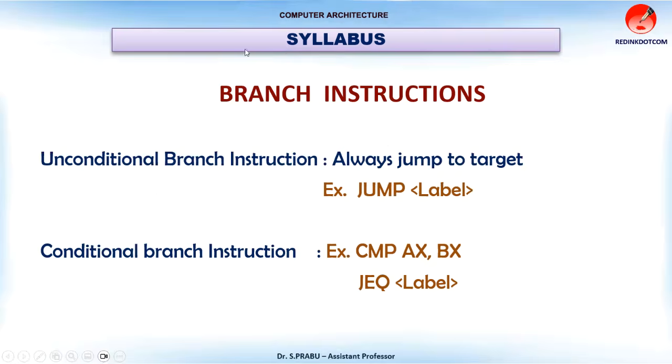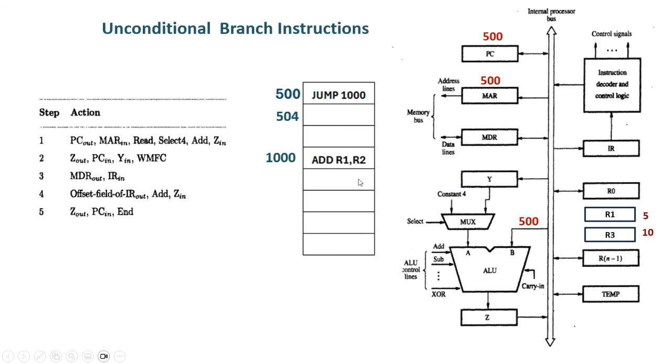And one more thing, branching instructions can be categorized into two: one is unconditional branch, another one is conditional branch. In an unconditional branch, when you execute these instructions, the control is moved without any condition. But in the conditional case, depending upon the result, the execution control is moved to the particular target or it follows the next address. So first we see the unconditional branch instruction.